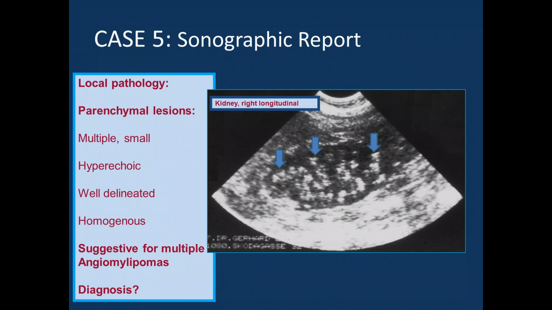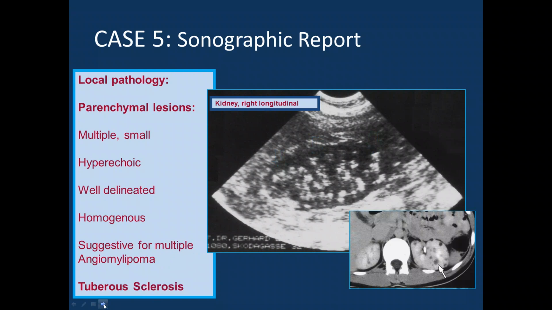What is very important to state for basic sonography is that these are not stones. If you would see calcifications of this size, you would have a strong shadow, and behind the kidney you couldn't see anything. So these little round lesions are multiple angiomyolipomas.